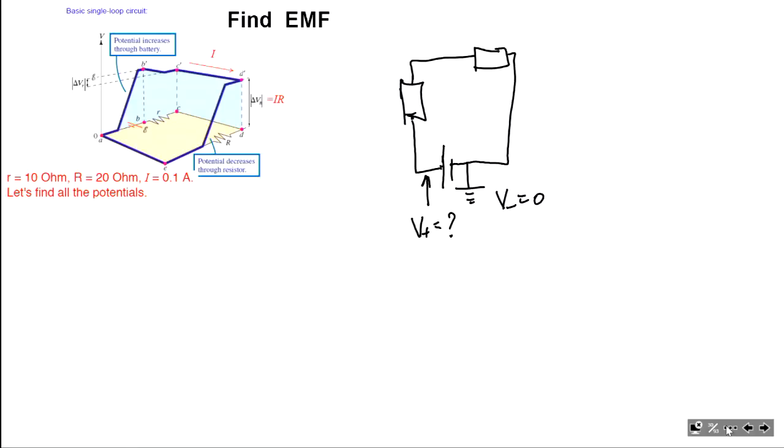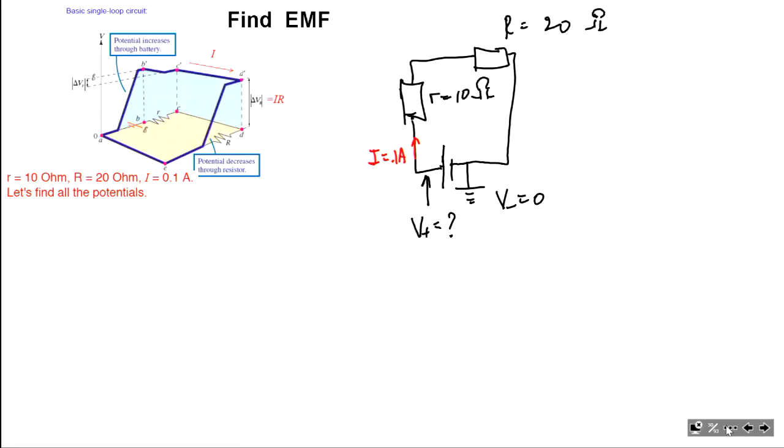What we know is the resistances and electric current. This is little r, 10 ohms. This is big R, 20 ohms. And electric current I equals 0.1 amp.